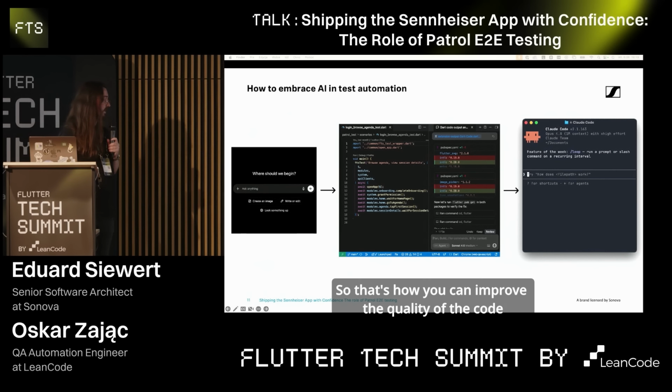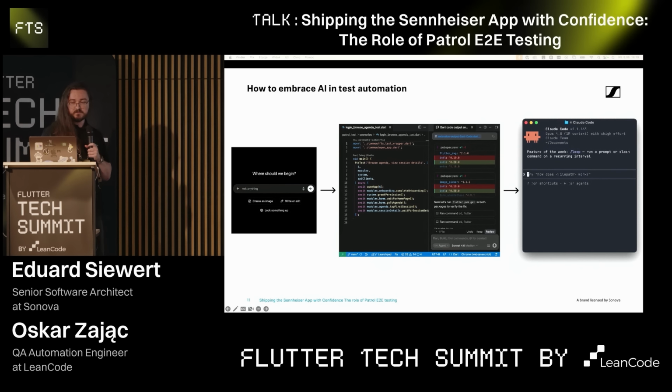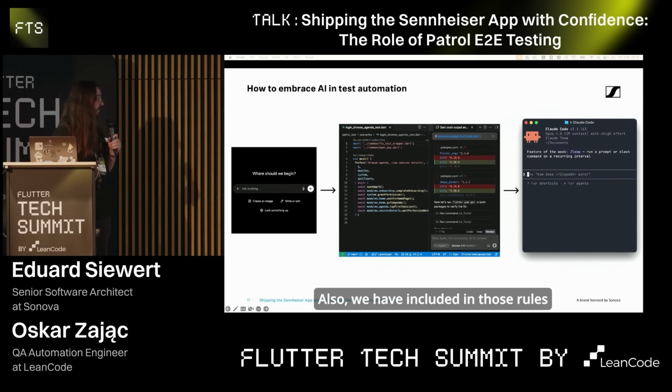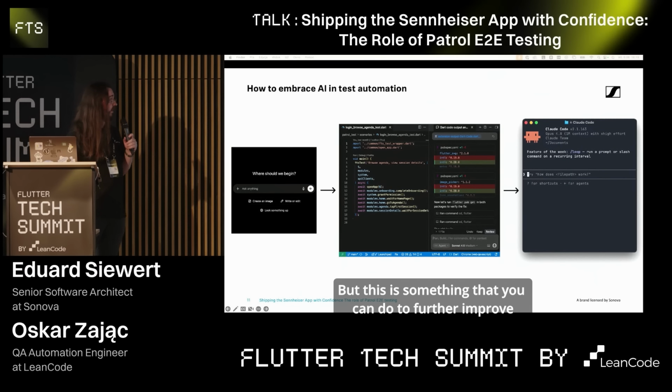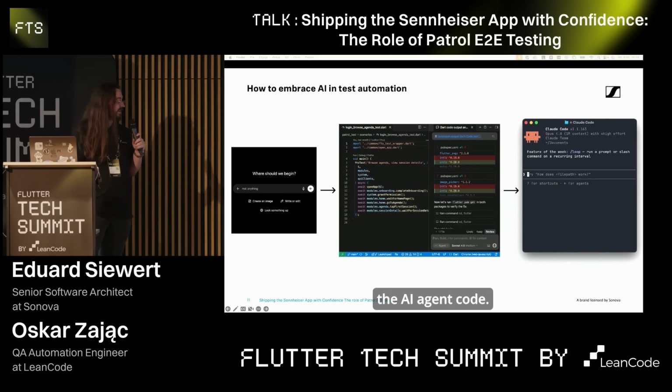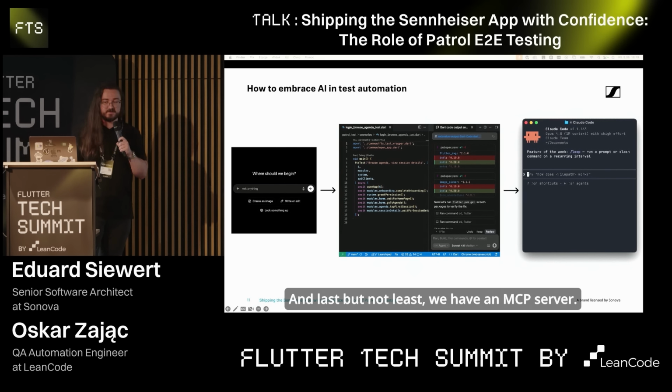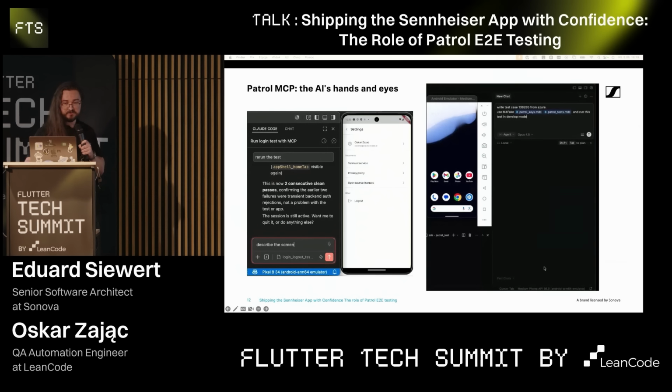So that's how you can improve the quality of the code written by your AI agent. Also, we have included in those rules test architecture, which you can use or you can decide not to use if you do not agree with it, but this is something that you can do to further improve the AI agent code. And last but not least, we have an MCP server.